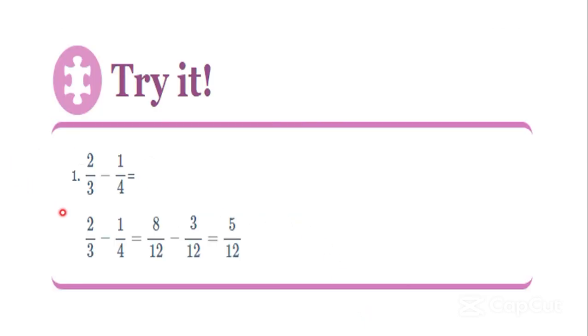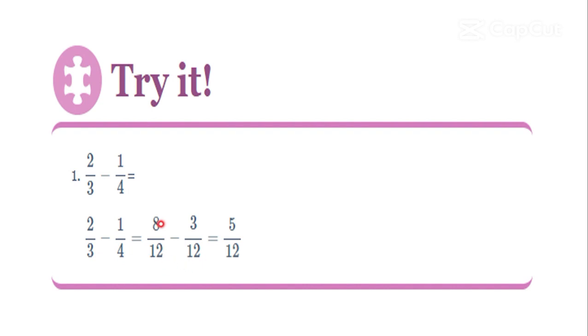Example, 2/3 minus 1/4. What is the LCD of 3 and 4? Try to solve it in your scratch paper or spare notebook. Are you done? Okay, that is equal to 12.